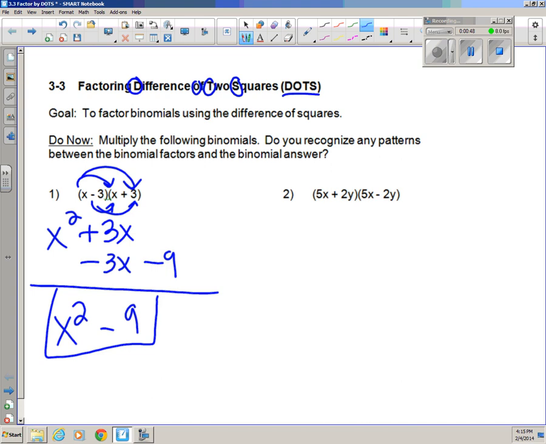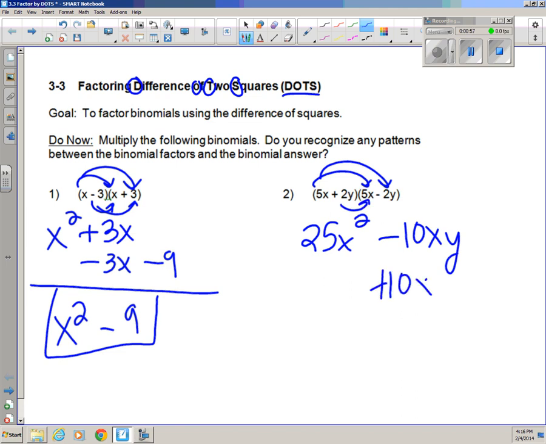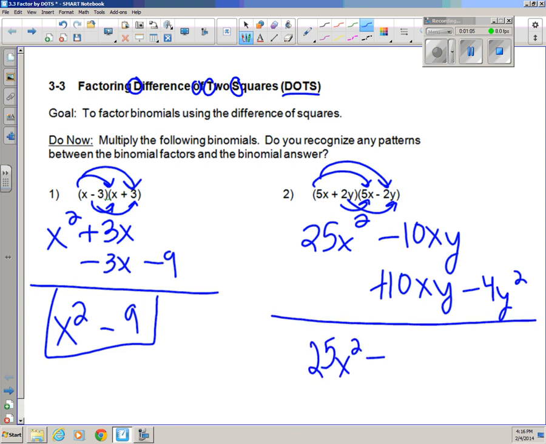When you go to the second one and you distribute, 25x squared minus 10xy plus 10xy minus 4y squared. Once again, those middle terms cancel out, and you're left with 25x squared minus 4y squared.